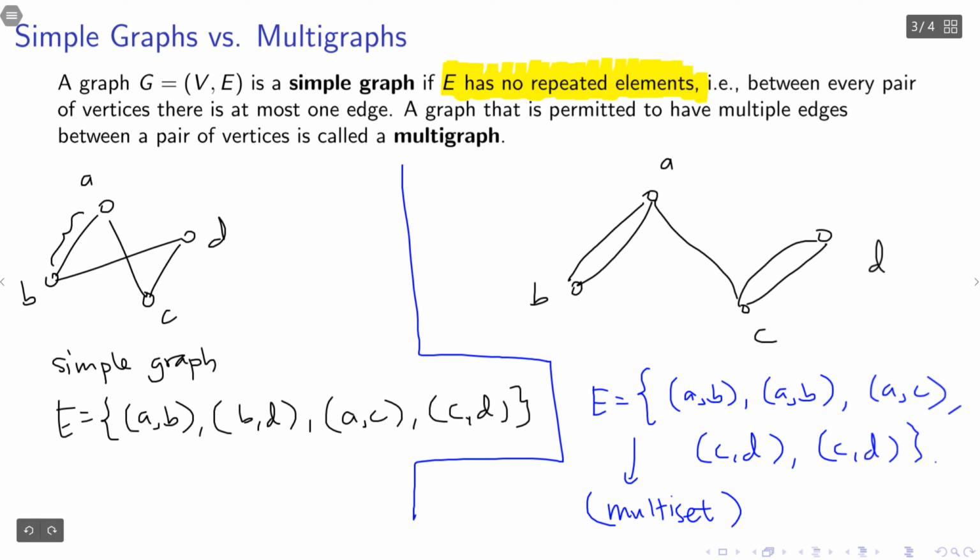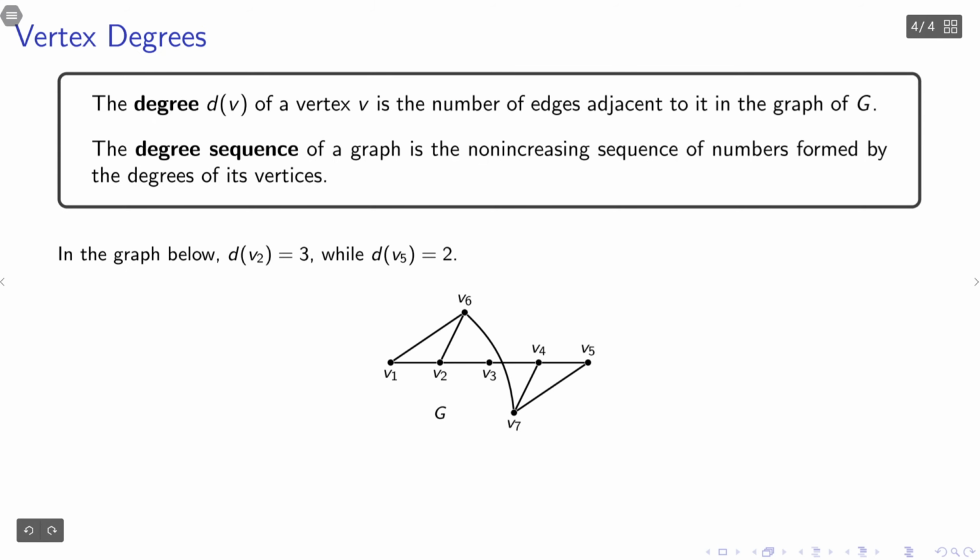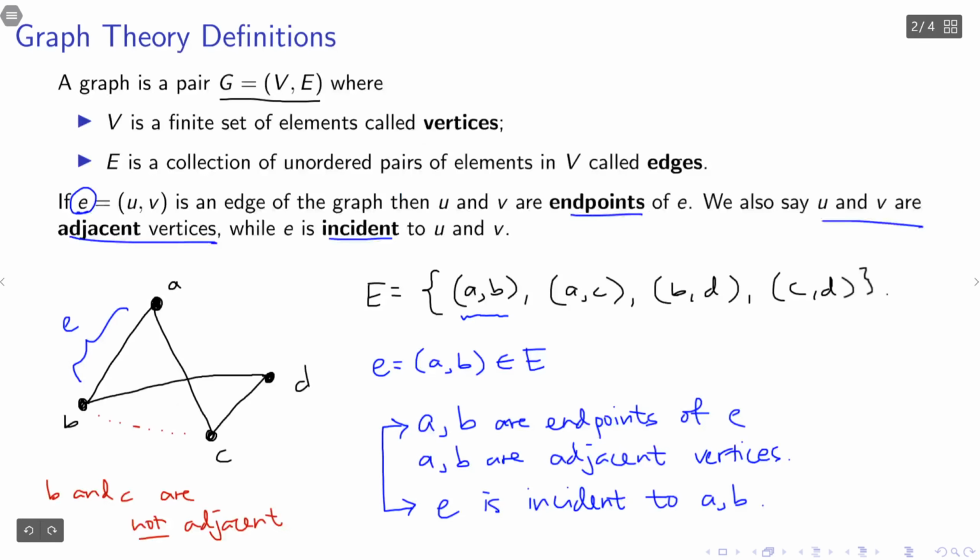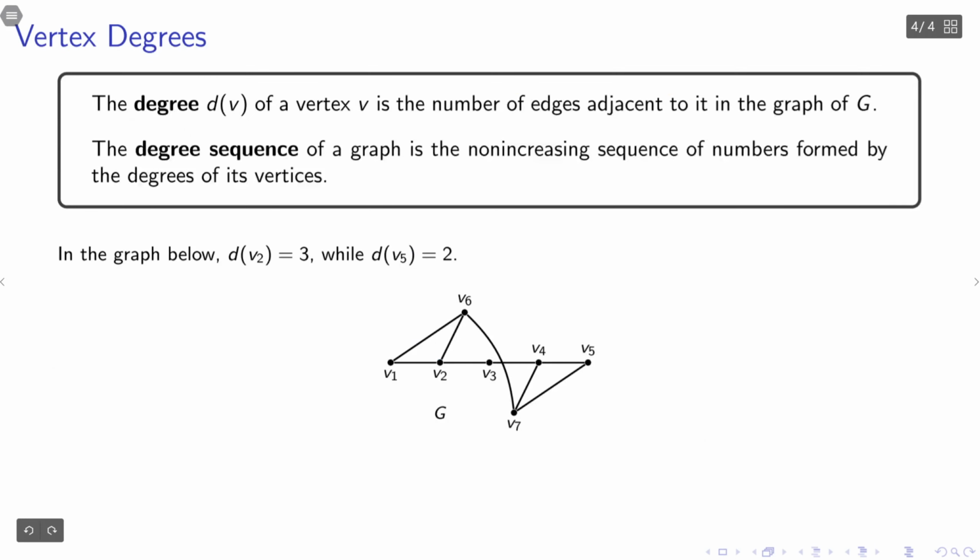Now, just as a last definition here, I do also want to talk about degrees of vertices, and in relation to the number of edges, right, for which that vertex is an endpoint. And yeah, so really this is like an incorrect notation here. We just defined the proper wording. This should be incident instead of adjacent, right?